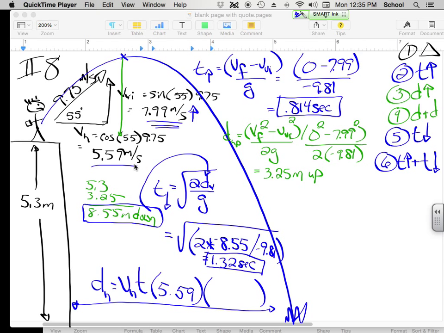So my time up plus my time down, so I'm going to have 0.814 added to 1.32, and I'm going to have the total time. So that's what I was missing right there.